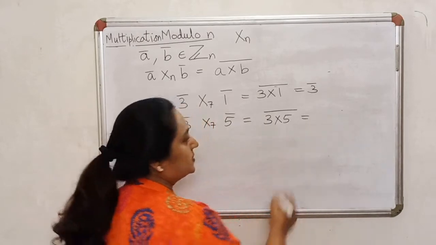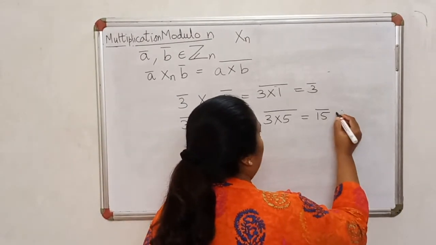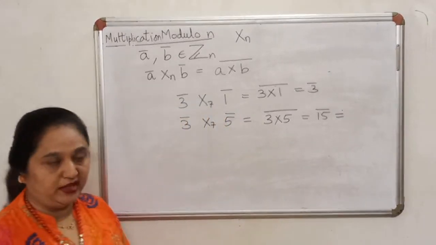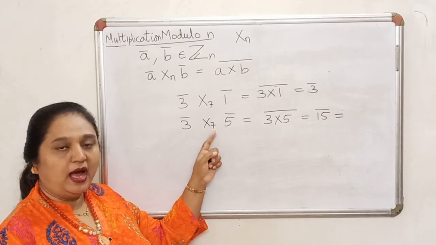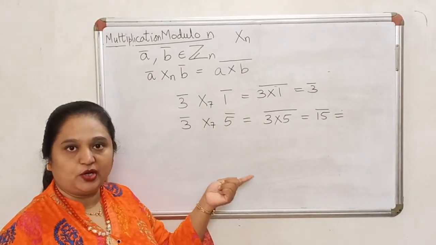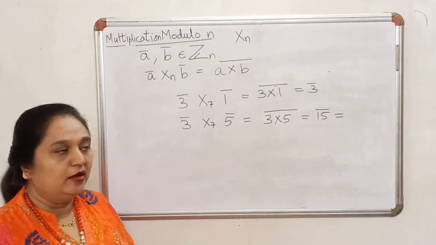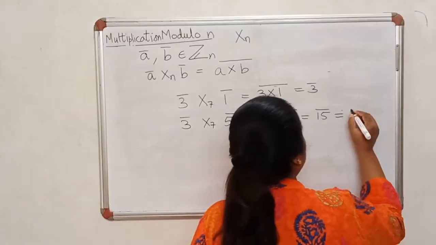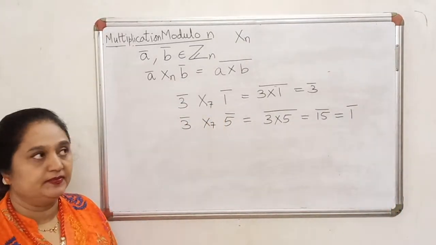Take the bar of this. 3 fives is 15. So this will be 15 bar. But I must simplify this. Because again it's happening in Z7, I look at a multiple of 7 which is closest to 15 but on the underside of 15. 7 twos is 14. 15 minus 14 is 1. So this product is going to be equal to 1 bar.